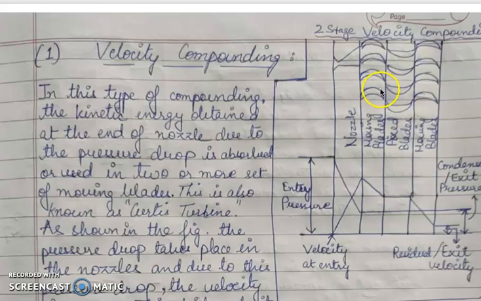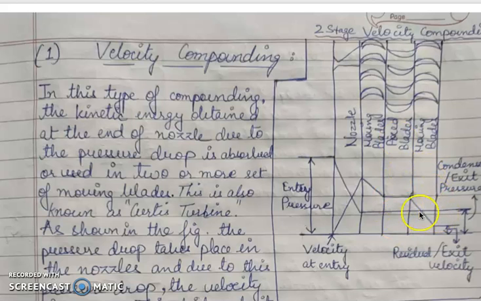So the direction of the steam has to be changed, and hence this fixed blade is attached, which will change the direction of steam and make it glide through the same angle as required by the next set of moving blades. So the area of cross section between these fixed blades will be constant because the pressure is to be kept constant in this region.